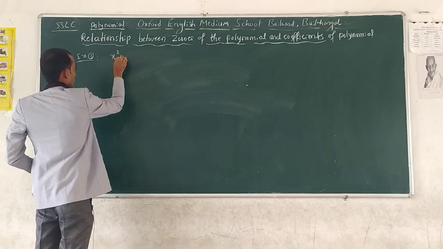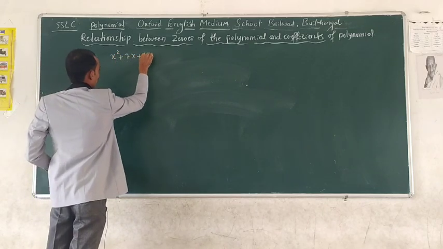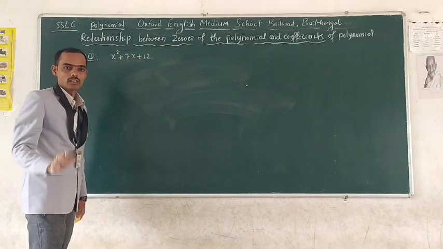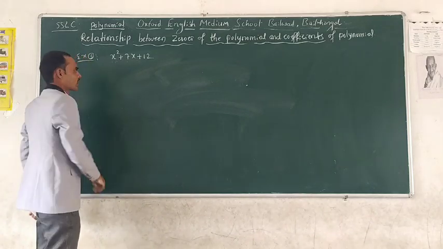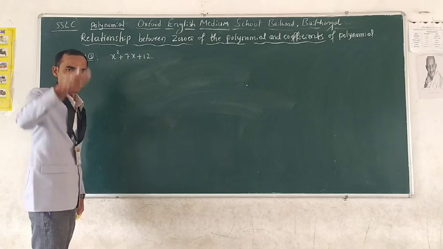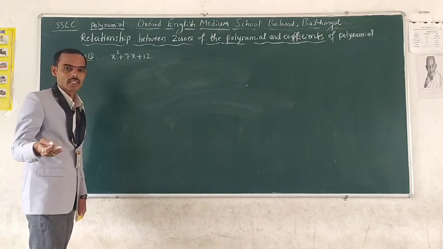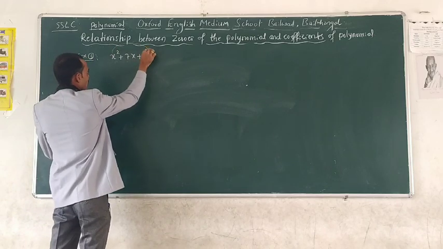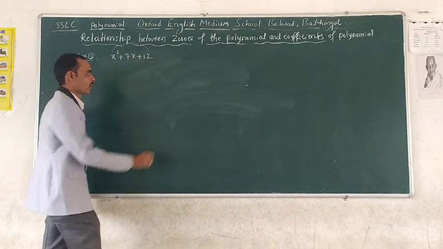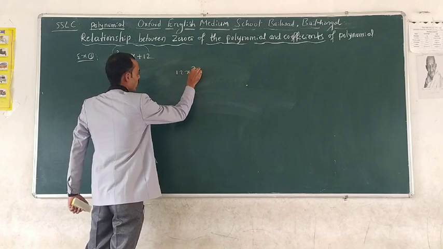I will take directly one example, x square plus 7x plus 12. This is a quadratic polynomial. We have to find the zeros of the polynomial by using the splitting method. The product of the extremes is 12 into x square, 12x square.